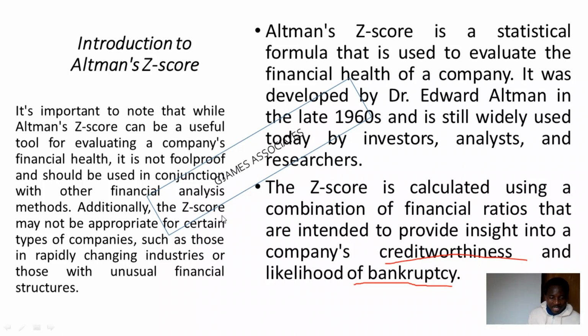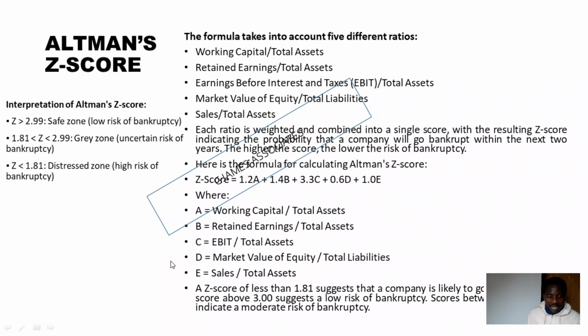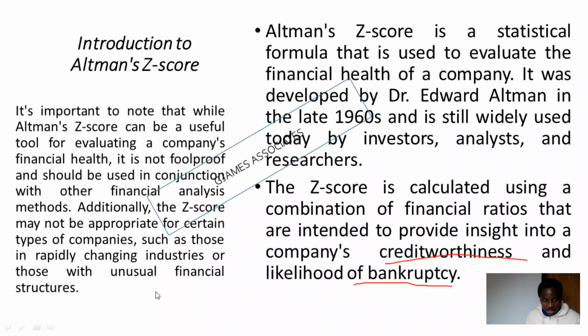Additionally, the Z score may not be appropriate for certain type of organization, such as rapidly growing organization and organization in which there are changes and their financial is not too structured, or the funding structure, for better understanding, is more or less kind of unusual.